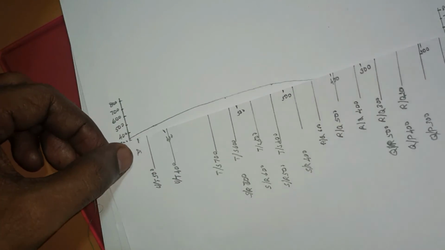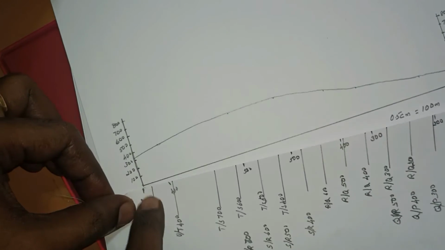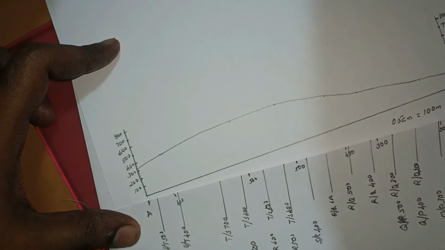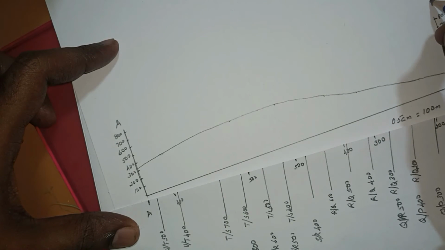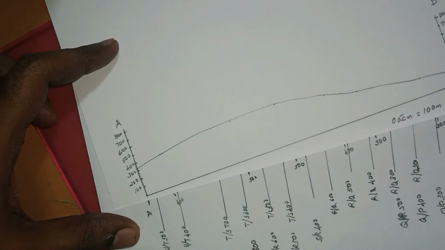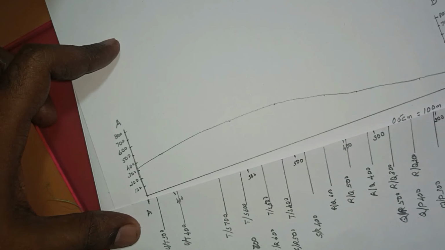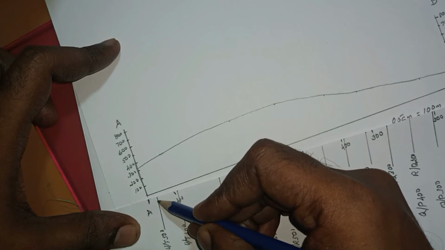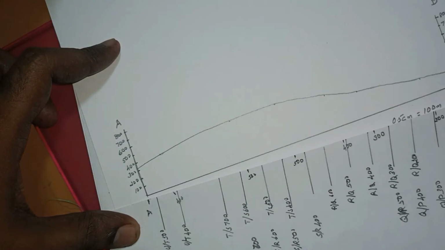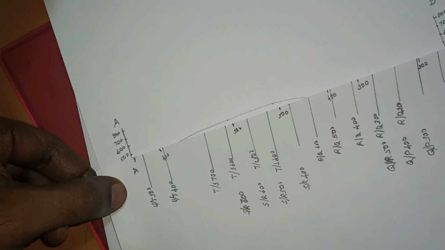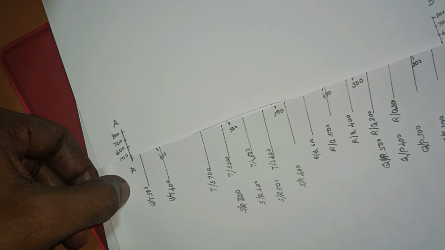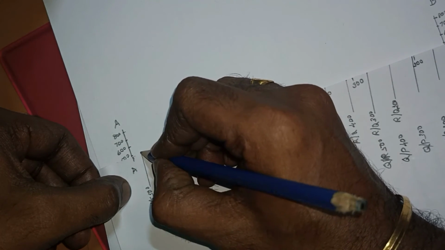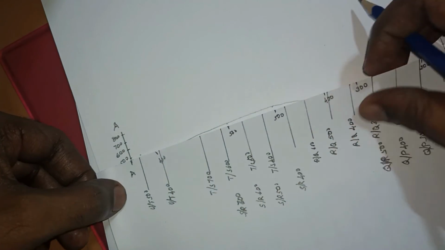Okay, so I'm starting from this point A, this is B point. So I'm starting from here A. The line corresponding to 500, so keep this point parallel to 500. Okay, like this, mark this point. Okay, this is 400.